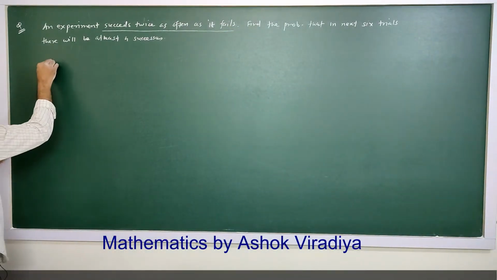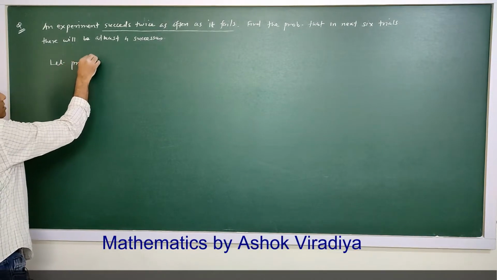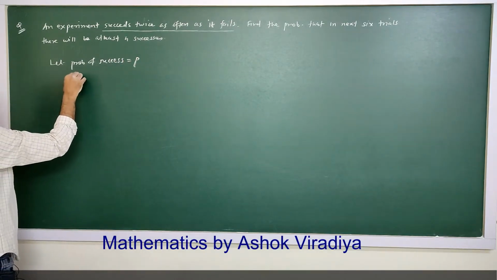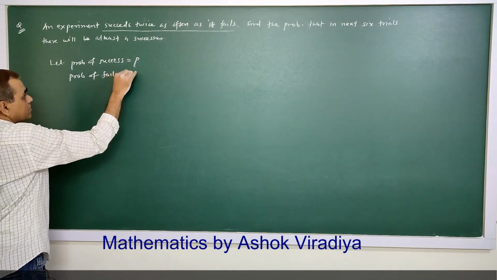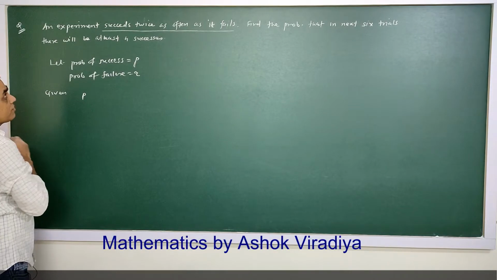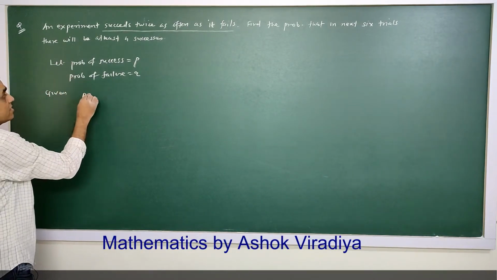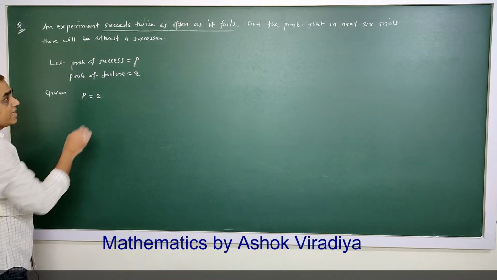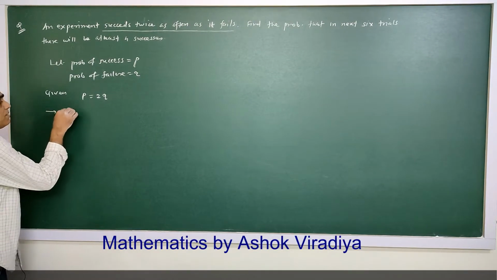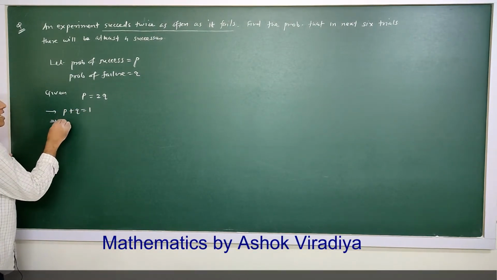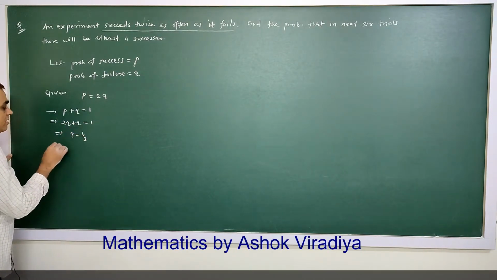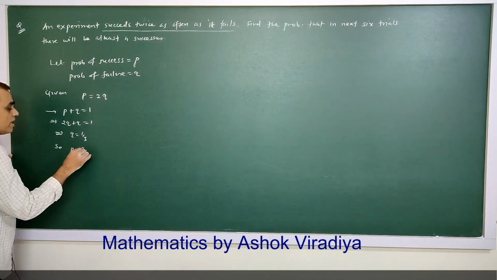So here we suppose, let the probability of success be P and the probability of failure be Q, and given that the experiment succeeds twice as often as it fails, P is 2 times Q. Now we know that P plus Q is 1, so 2Q plus Q is 1, so Q is 1 by 3, and P is 2 by 3.